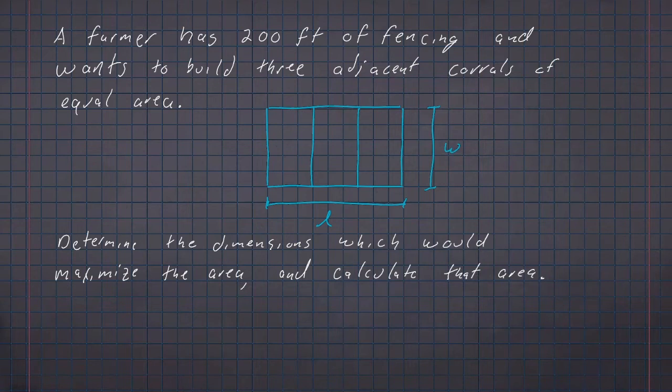So the total amount of fencing we've used is 2L plus 4W. And I know that all told we have 200 feet of fencing.